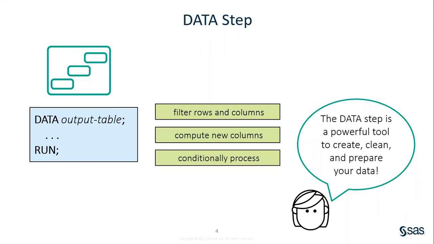So I can write a condition if sales representative 1, then the bonus should be calculated as per their percent of salaries. Getting it? So that's simple. I'm just trying to tell you what conditional processing is. So this all is going to be performed only in a data step, not in a proc step. So data step is a powerful tool to create, clean, and prepare data.